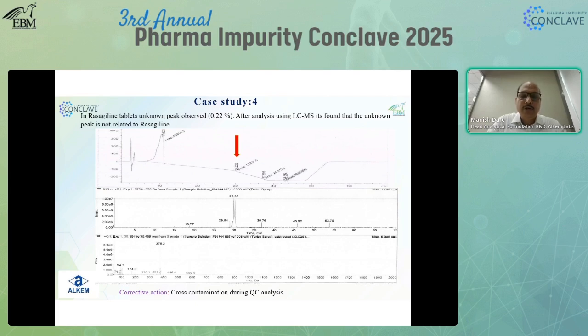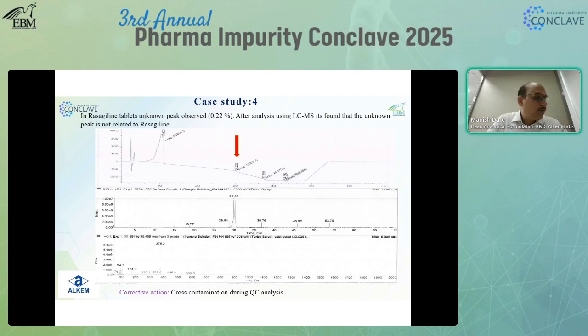We supported with the help of mass spectroscopy, especially developing the method and identifying the particular mass, what kind of mass would be available in this rasagiline, how these impurities are coming and what would be the source of this impurity. Once we checked the mass and based on the database and the information, this mass is not matching with the rasagiline. What would be the root cause of this mass?